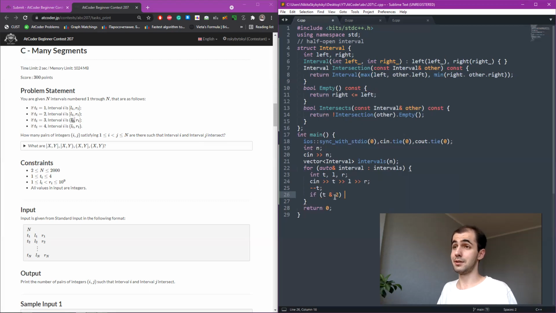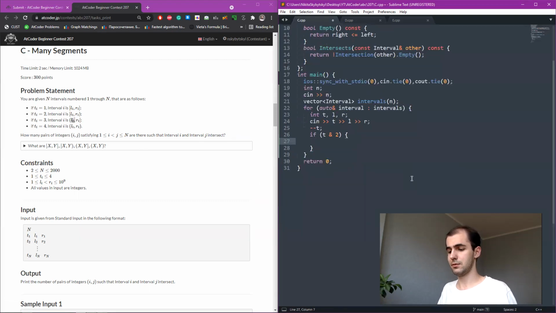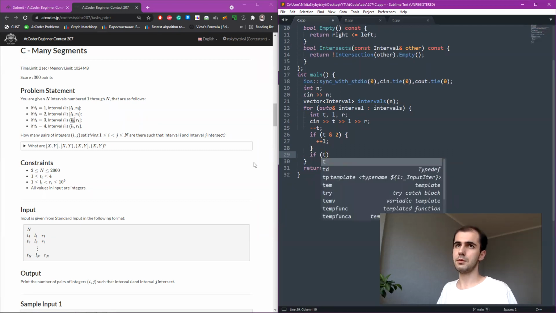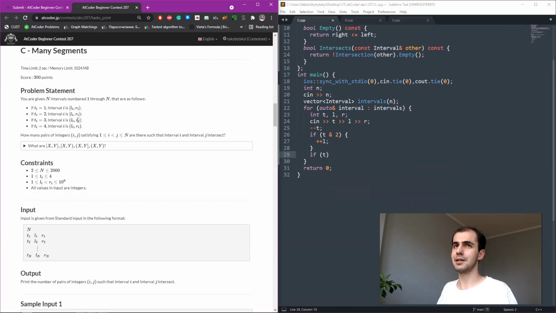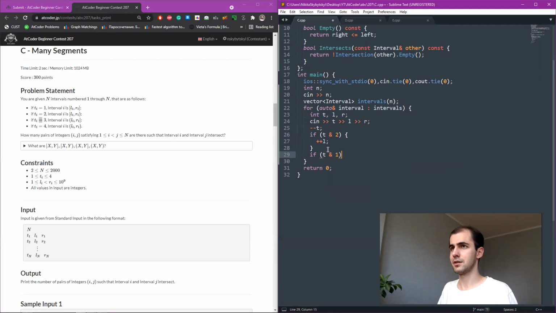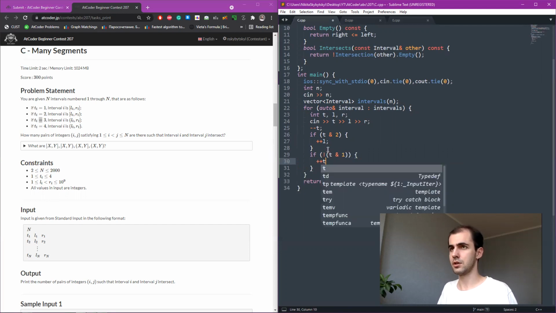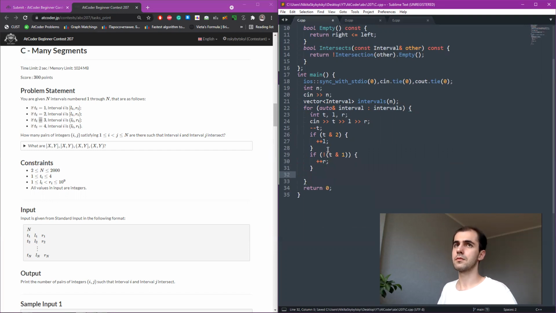If this bit is set, then we want to increment L. We want to increment R if this is 0 or 2, that's it. If this bit is not set, then we want to increment R, because you gotta make them half open.